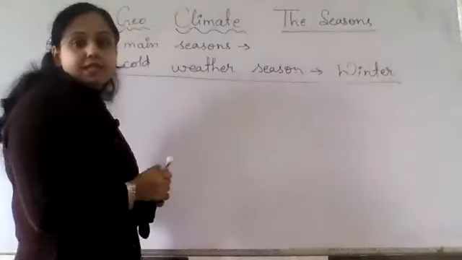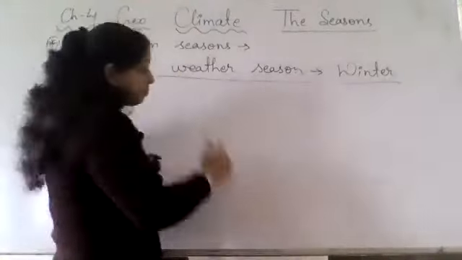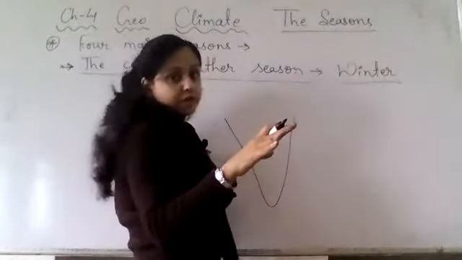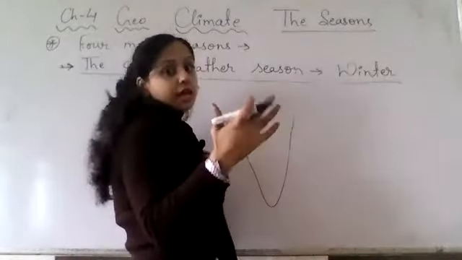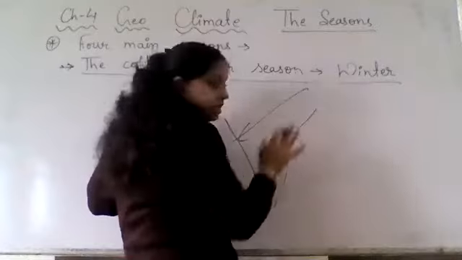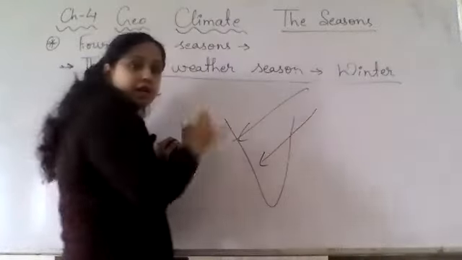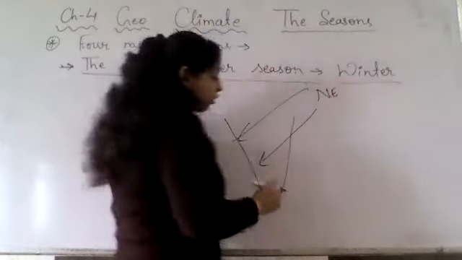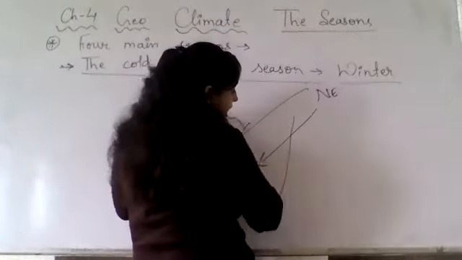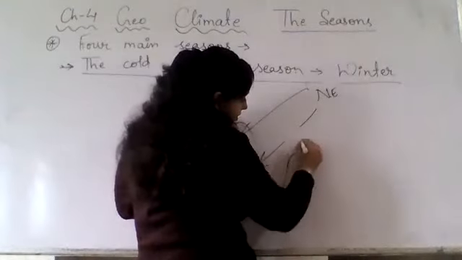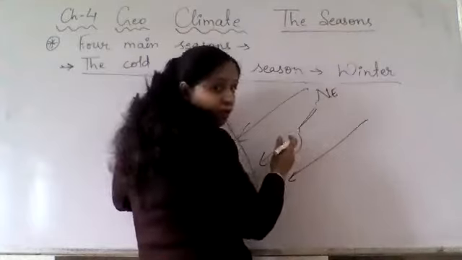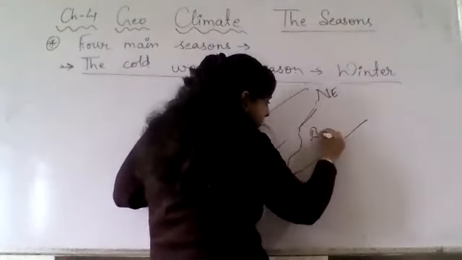What I told you is that in winters, by October, November, mid of November, the northeasterly winds prevail over our country. These are the northeast winds. So when this northeast wind is coming, this is India, it is coming like this, from the Bay of Bengal.